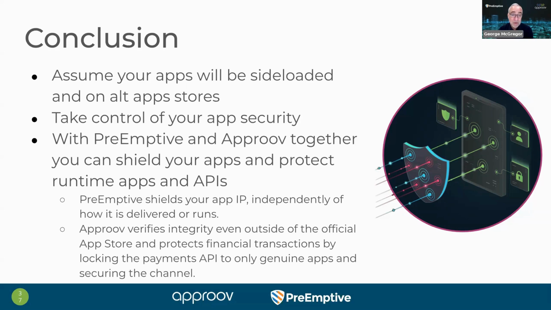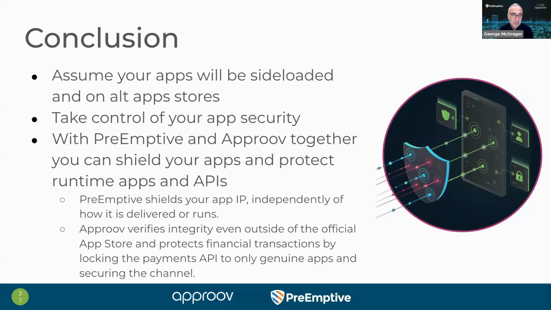So you need to take control of your app security, and our solution jointly gives you that defense in-depth approach to protect your apps, protect your intellectual property, shield your apps, and protect your runtime apps and APIs.